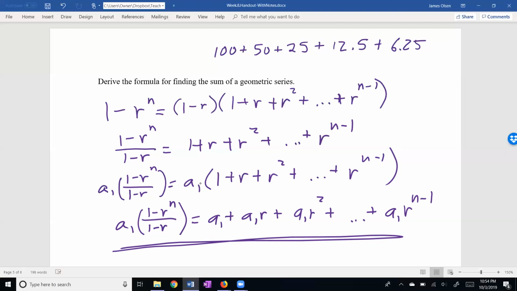Let's apply that to our example. In our example, we have a1 is 100. My common ratio is 1/2, and I have 5 terms. N equals 5.